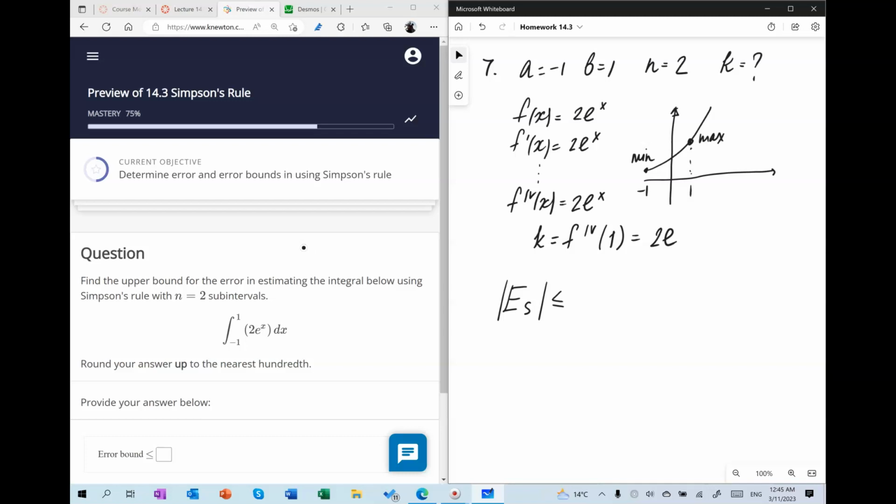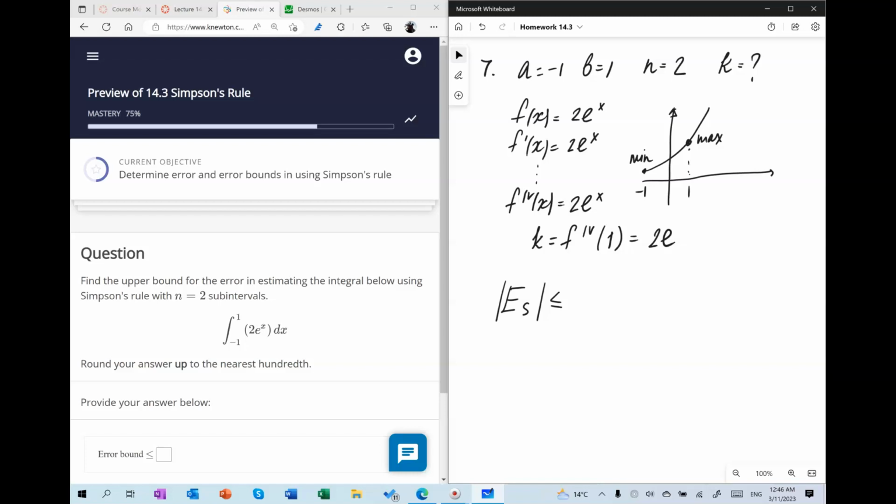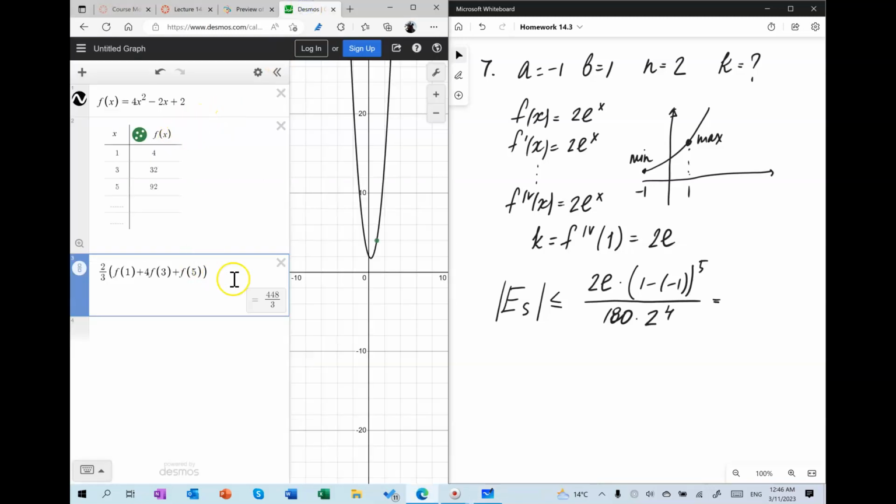It's going to be, what was the formula? It's going to be K times B minus A to the power of 5 divided by 180 N to the power of 4. So this is the formula.